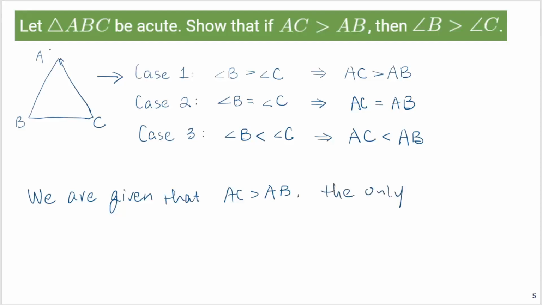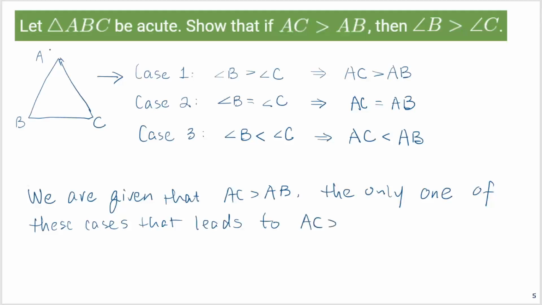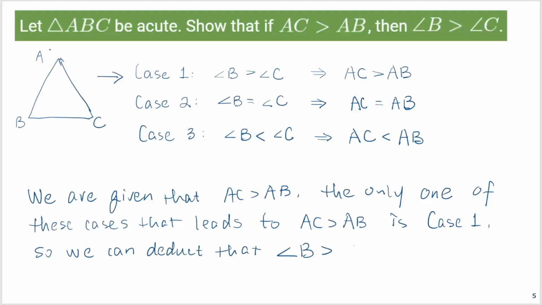Only one of these cases leads to AC larger than AB, which is case 1. So we can deduce that angle B must be greater than angle C, right?